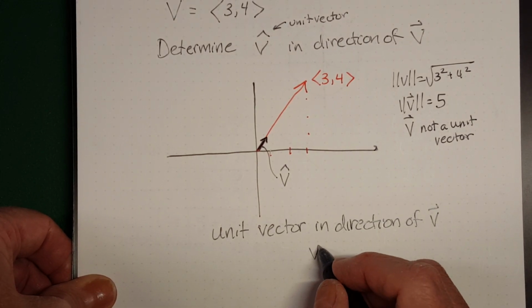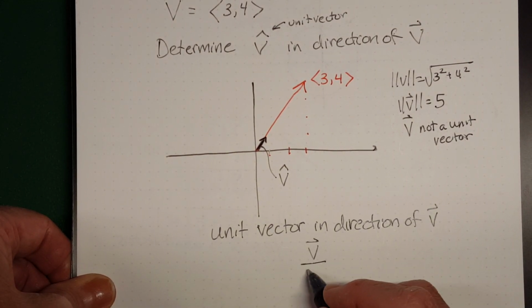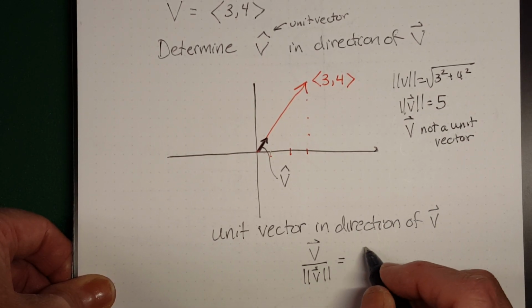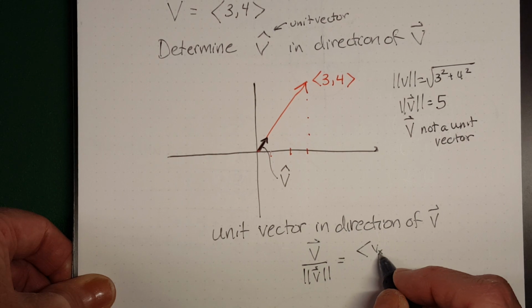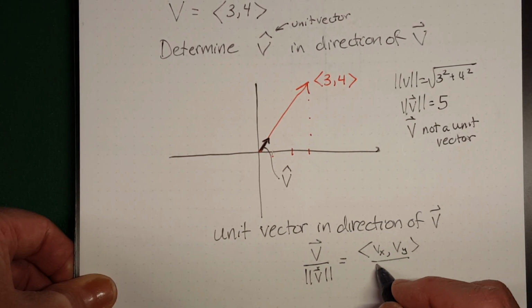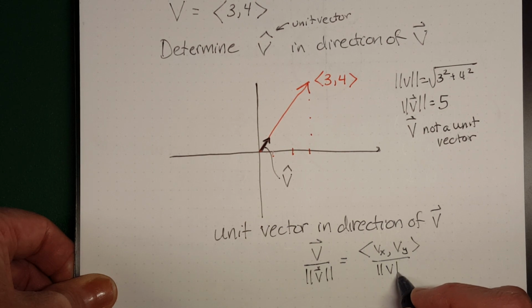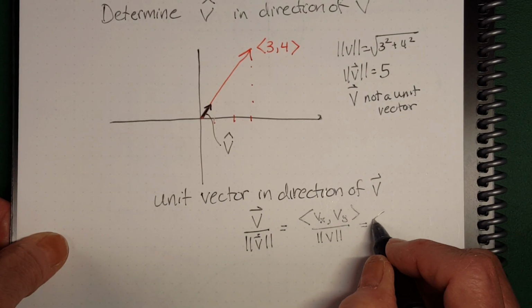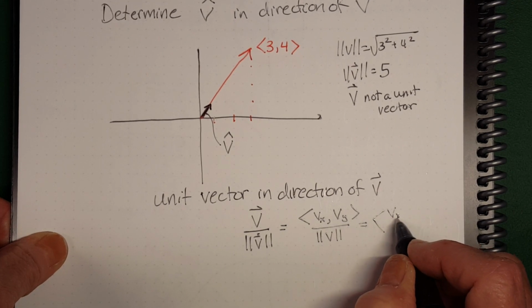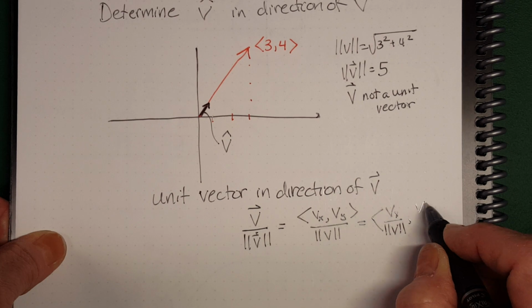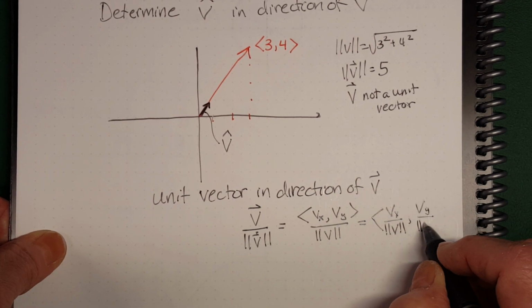So we're going to take vector v and divide it by the magnitude of vector v. What that means is we're going to take the components of vector v and divide each of them by the magnitude of vector v. And that will give us the unit vector that is vx over the magnitude of v and vy over the magnitude of v.